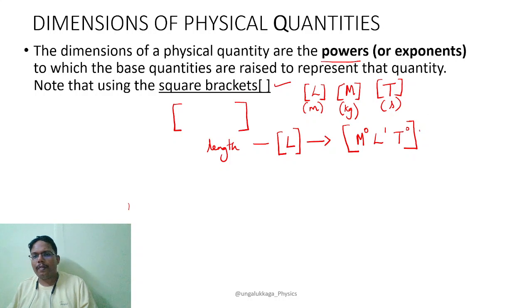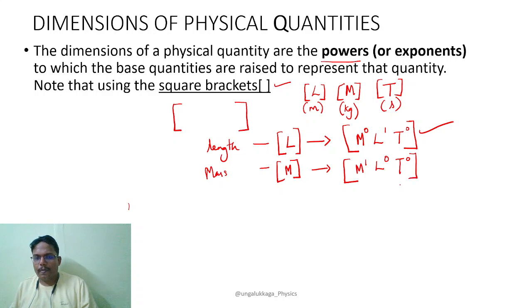This is the more convenient way of writing the dimensional quantities. For mass, you can write it as capital M. Don't confuse with the small m. So we can write it as M power 1, L power 0, T power 0.